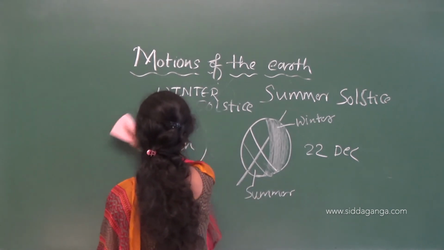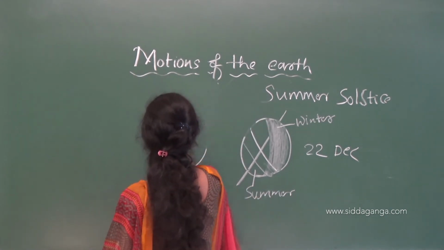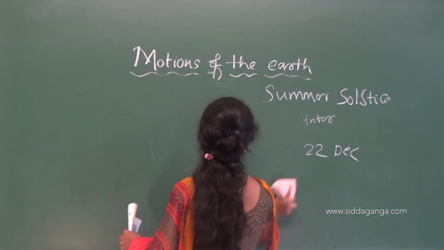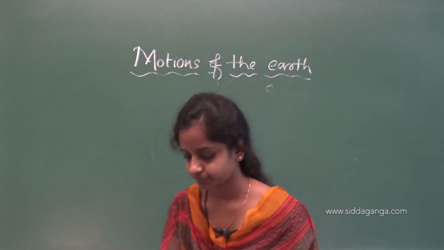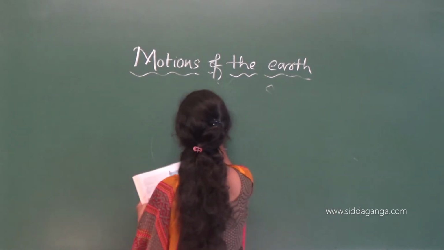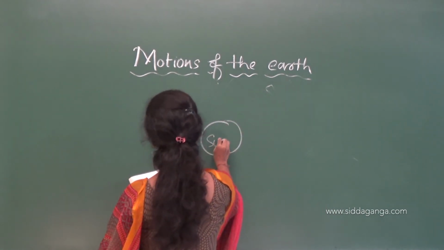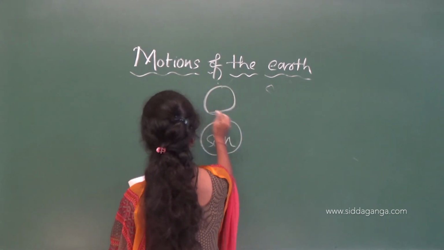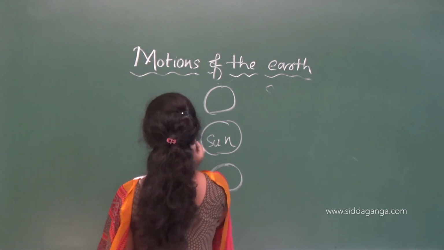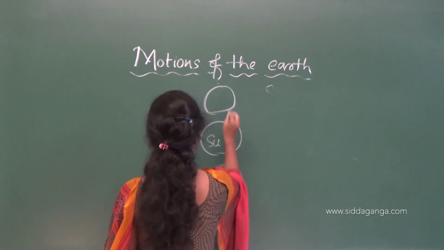So what will happen? This is the sun and this is earth. This is also earth, like this.